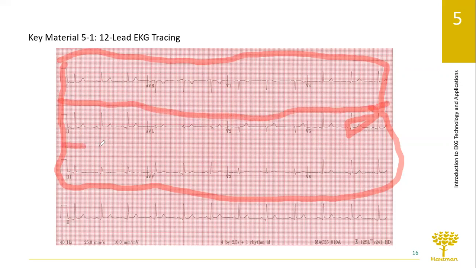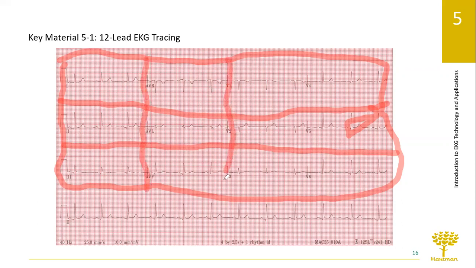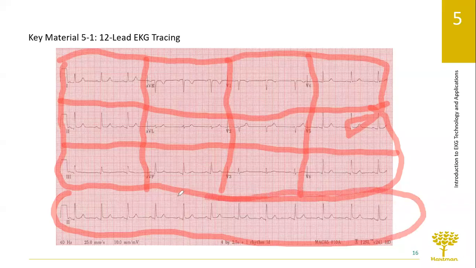There's a column, there's a column, and there's a column, and then you have 3 rows: 1, 2, 3. So this is the 12 lead, and down at the bottom, this long strip is called the rhythm strip, the rate and rhythm. So if I'm trying to determine the rate and rhythm, that's where I look. And if I'm trying to determine whether or not the patient's having a STEMI, I look up here.